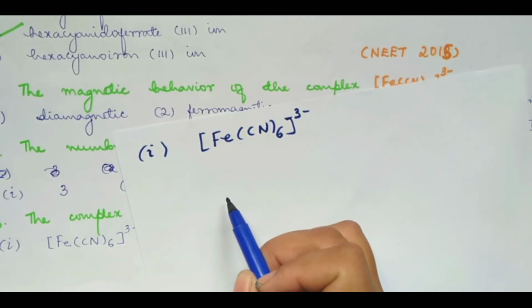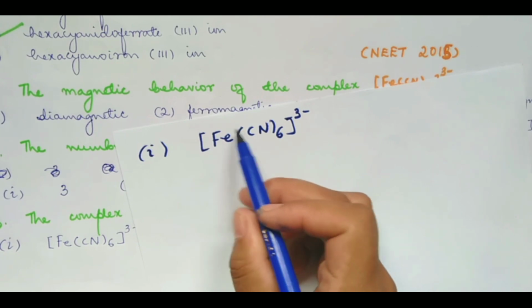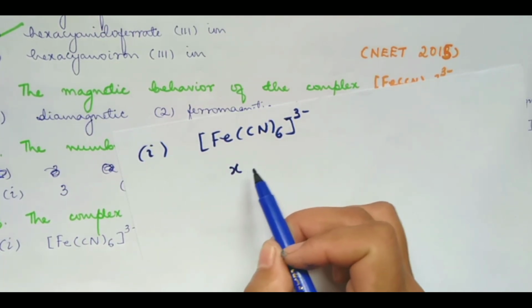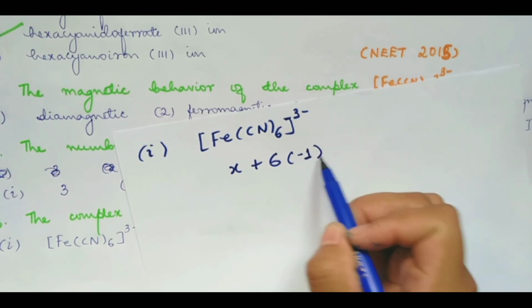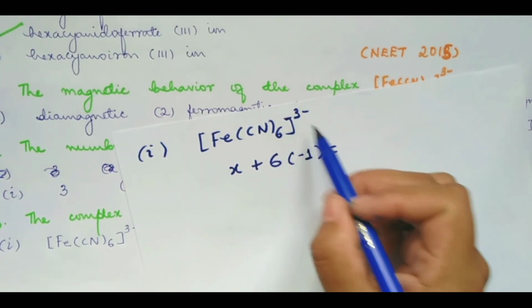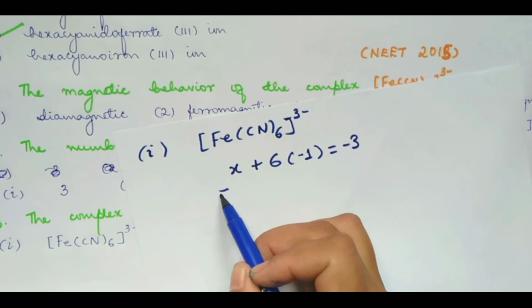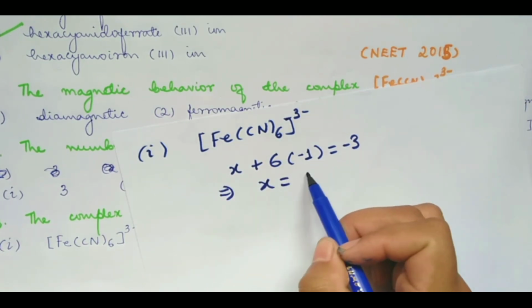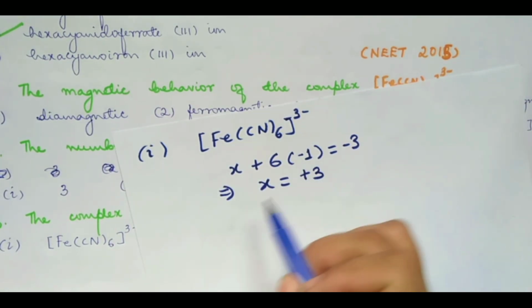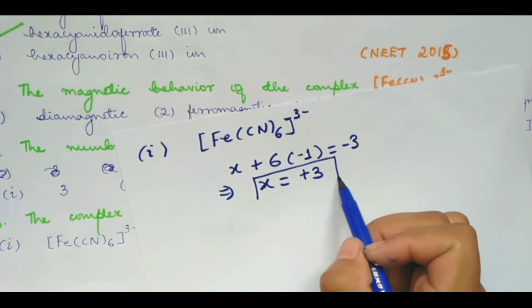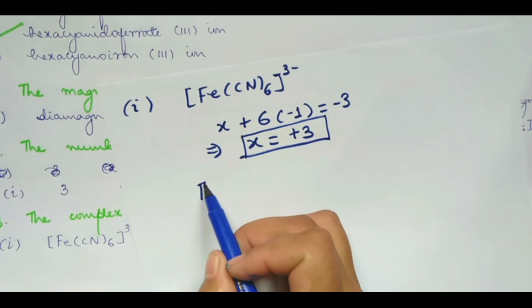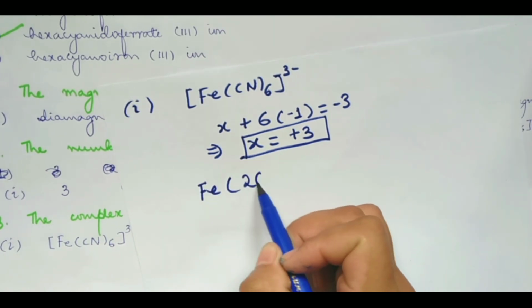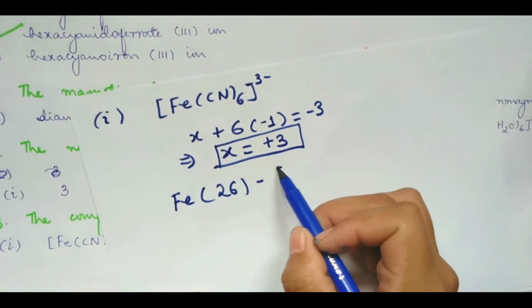First, find the oxidation state of the central metal atom iron. Let that be X plus 6 into the charge carried by the ligand equal to minus 3. So from here, X is equal to plus 3, right? Which means that iron is in the plus 3 oxidation state in this complex. Next, write the electronic configuration of iron.